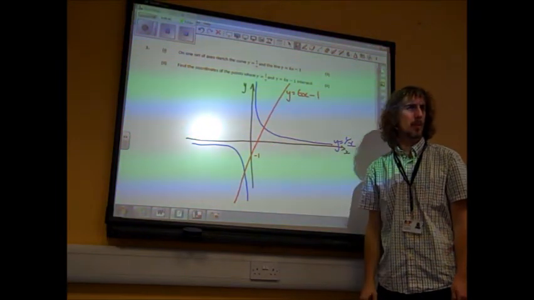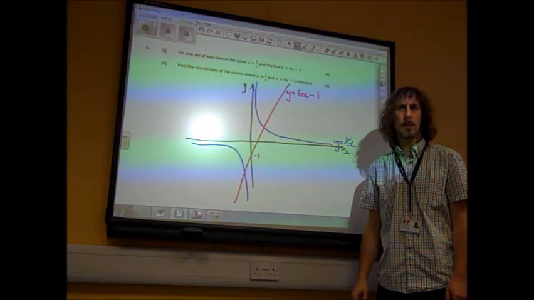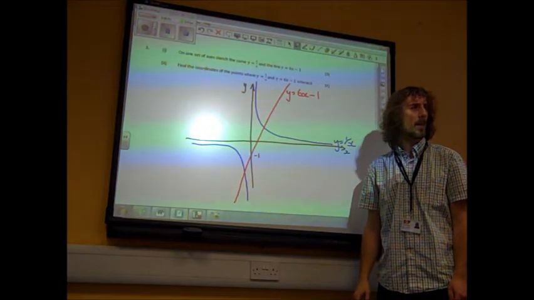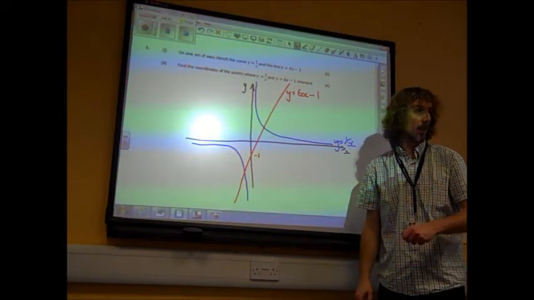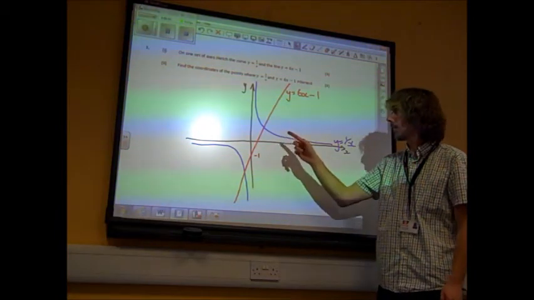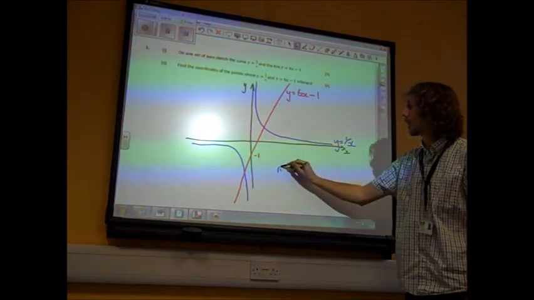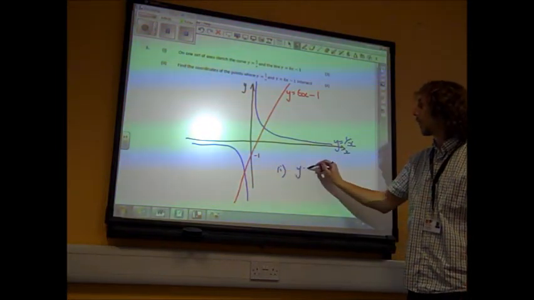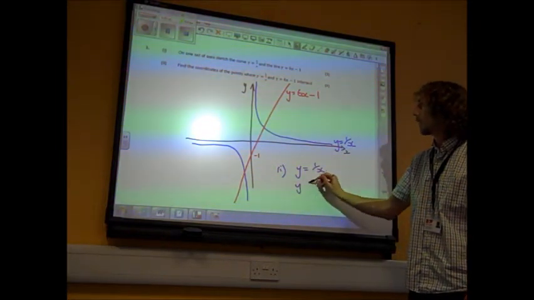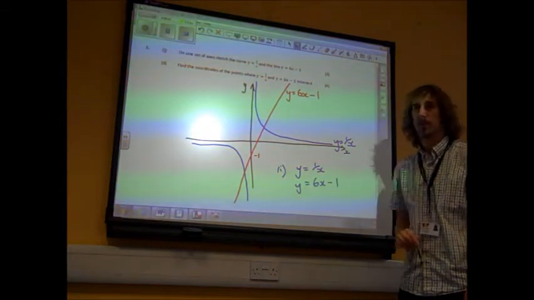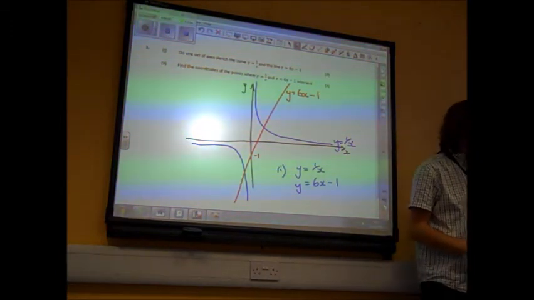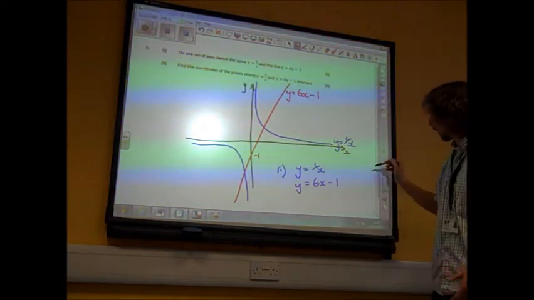What's this heading towards? What do you think we're going to end up here with? Simultaneous equations. It's going to turn into a quadratic eventually, isn't it? Because we're going to get 2 answers. So let's try it. In part 2, the point where they intersect is where y is 1/x and y equals 6x minus 1. The easiest way to solve this is just to do a substitution to eliminate y.